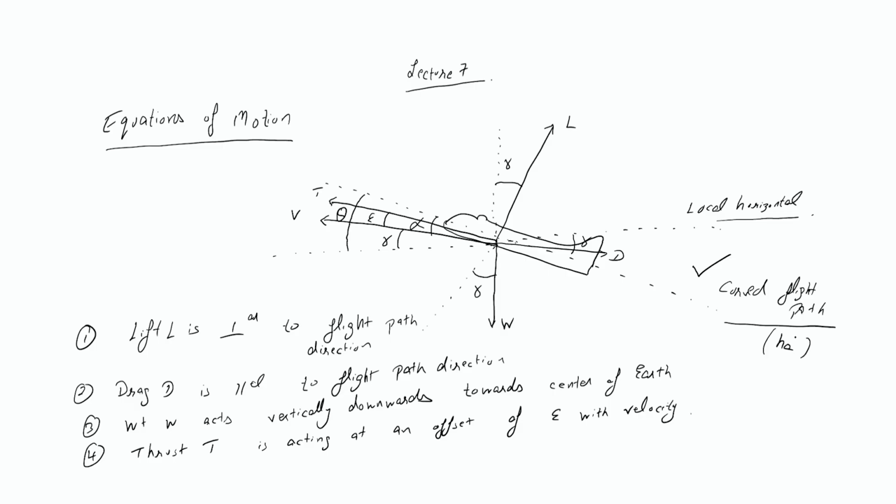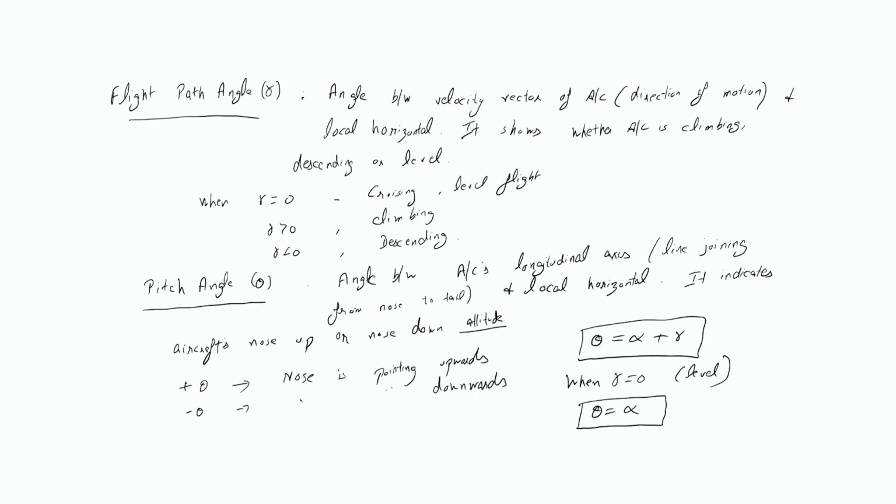Now when an aircraft moves in a curved path, the motion is known as curvilinear motion. And when an object moves along a straight line, the motion is known as rectilinear motion.